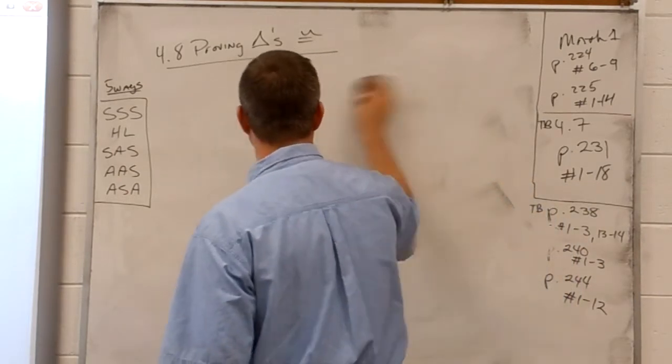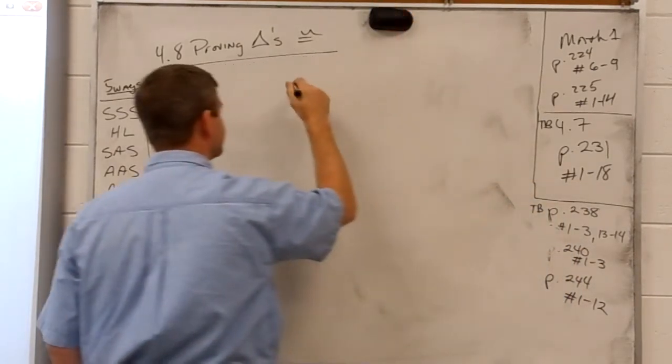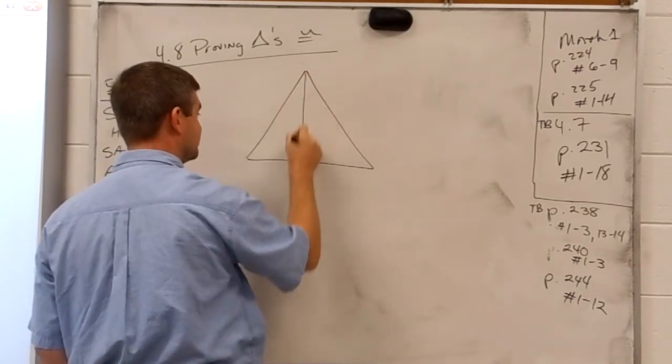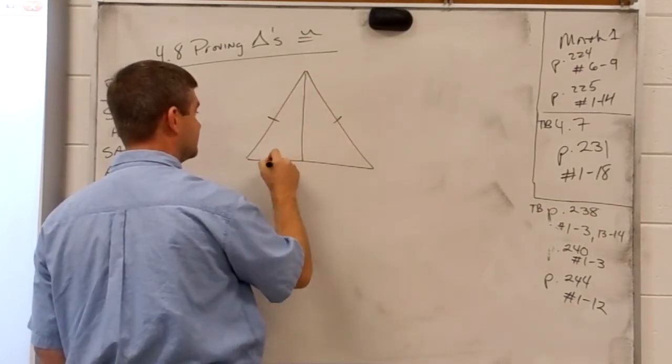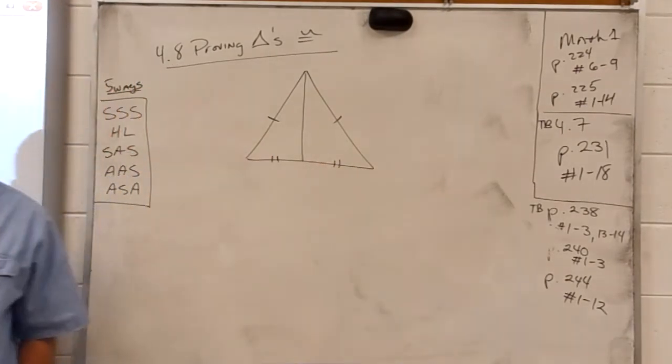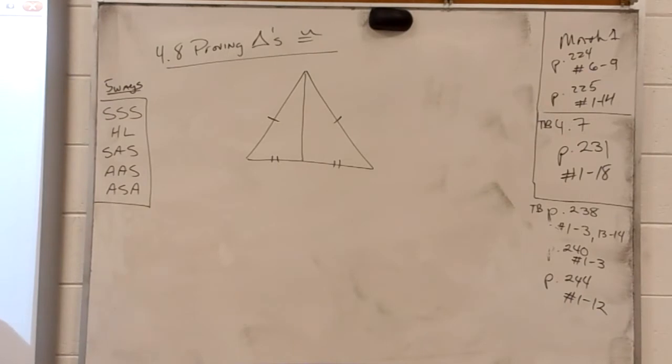Okay? Let's do another example. Can I prove that these two triangles are congruent to one another? No, it's only side, side. But they share a middle side.